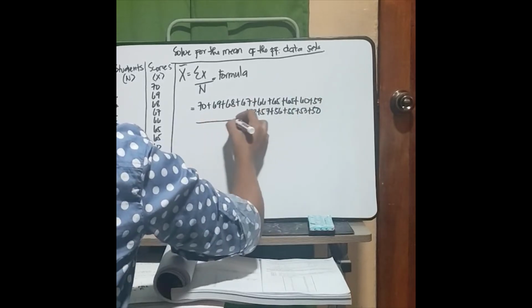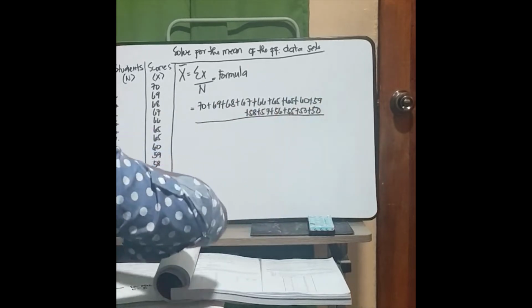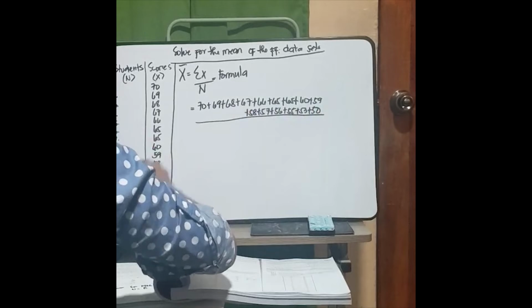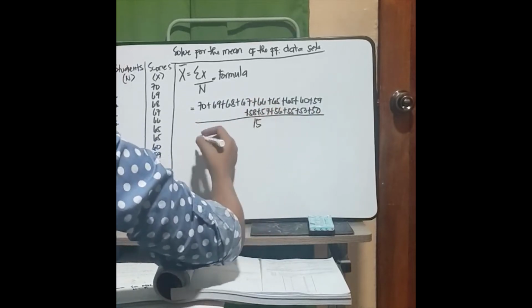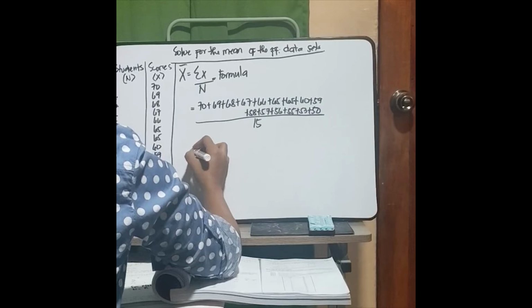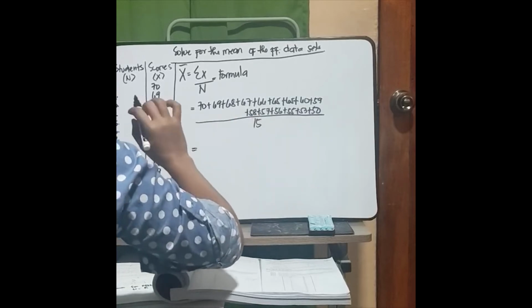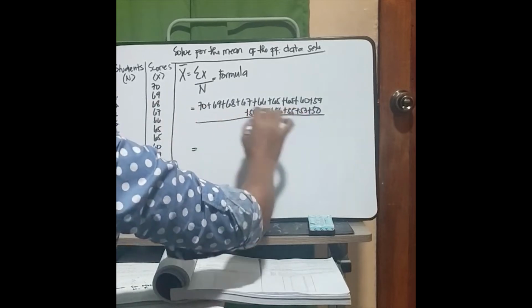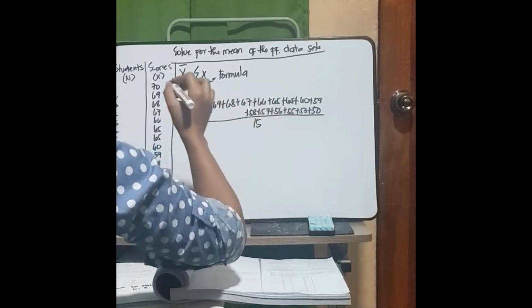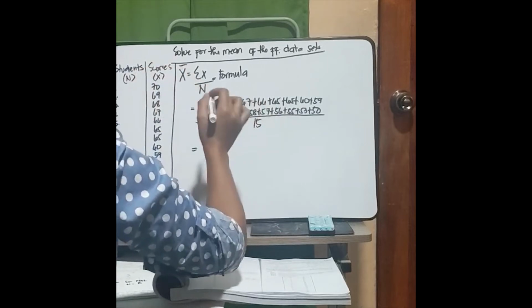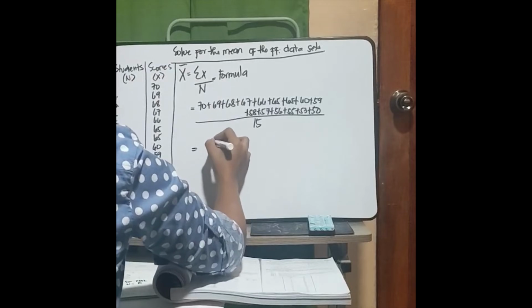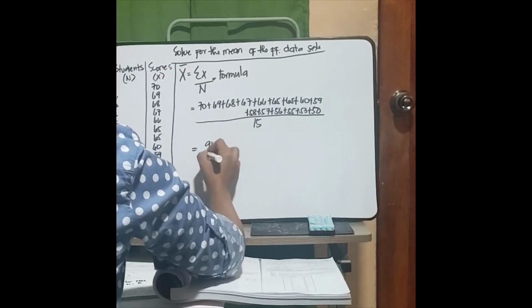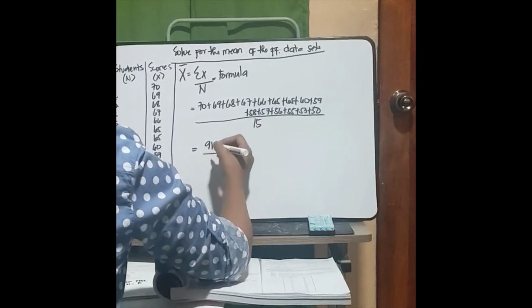Alright? So, our N here is the total number of students, which is 15. Okay? So, here is our denominator. So, what we're going to do is to add all this data, and we will arrive at the sum of 918, divided by the total number of respondents, which is 15.